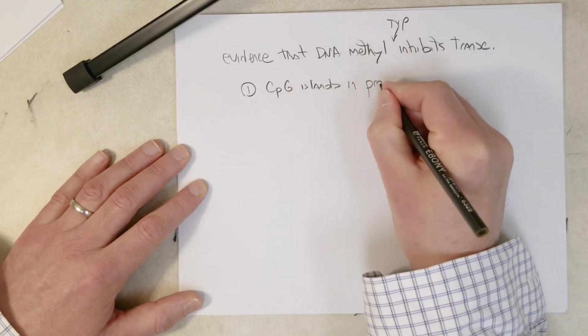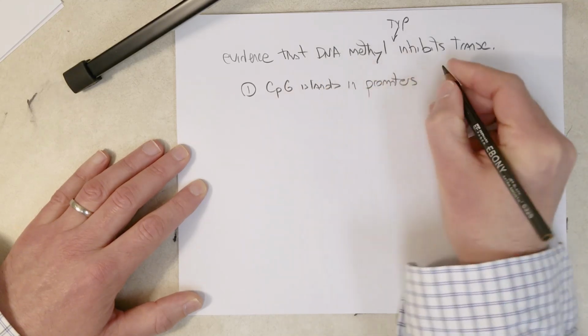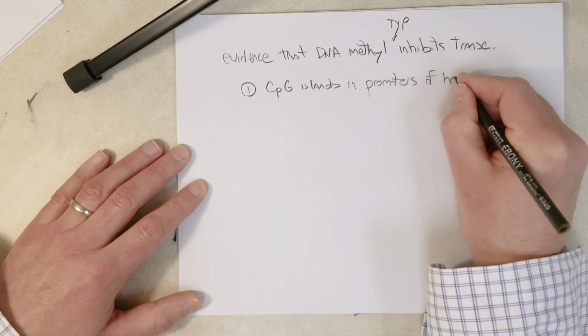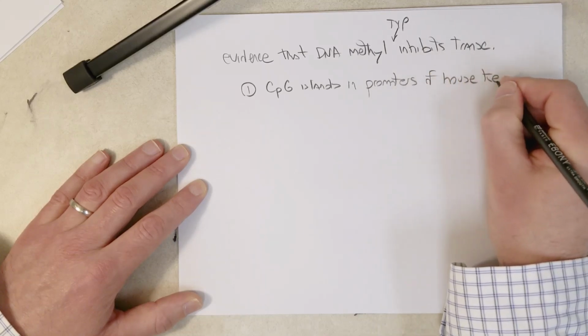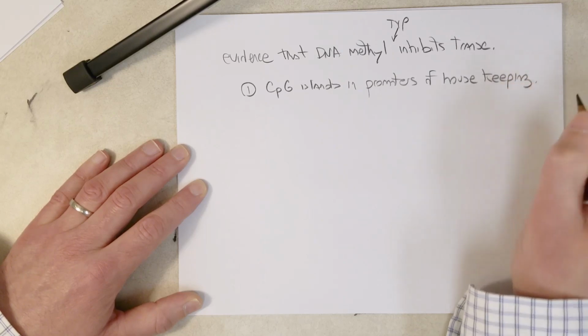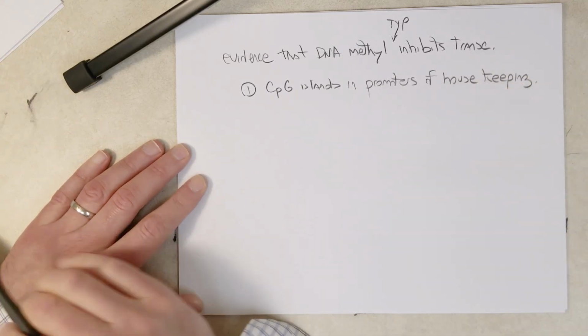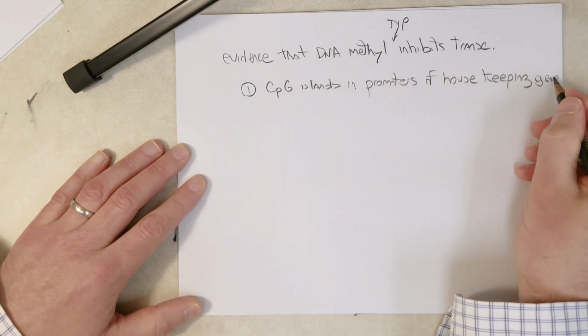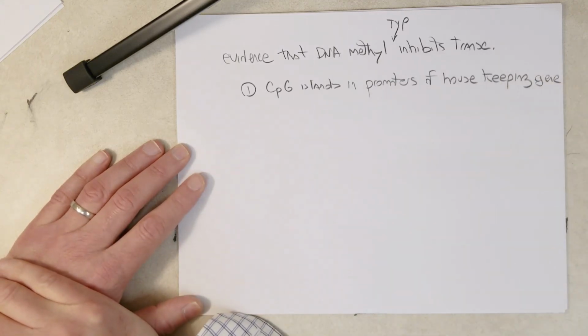in promoters of what we're going to call housekeeping genes. Now, this is a new term for this course. So what is a housekeeping gene? A housekeeping gene is a gene that should be expressed all the time for that cell to be viable.